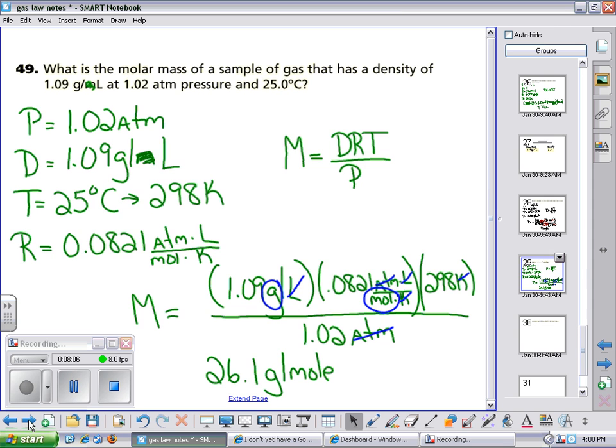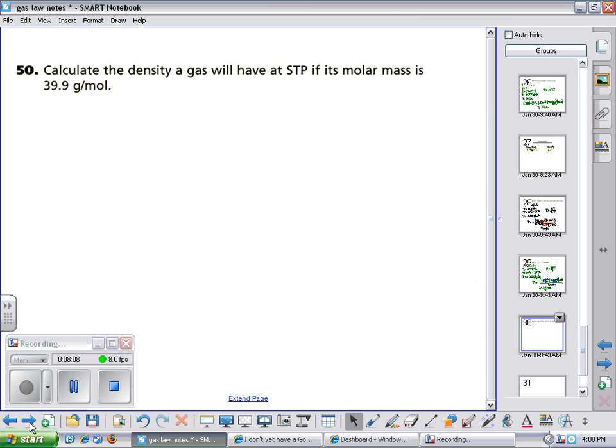All right, there's another problem here, and this again is to calculate density. It says calculate the density a gas will have at STP, so again standard temperature and pressure, if its molar mass is 39.9 grams per mole. So we've got 39.9 grams per mole. We're at STP, so standard pressure. Choose one of them. I like 1 atmosphere.